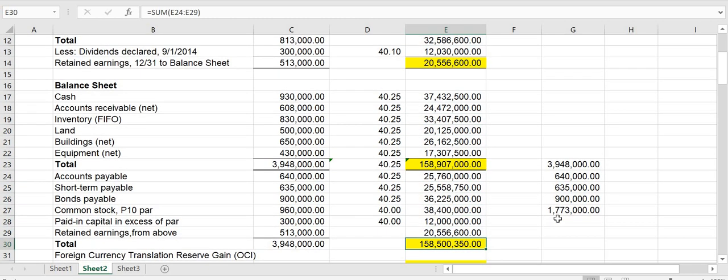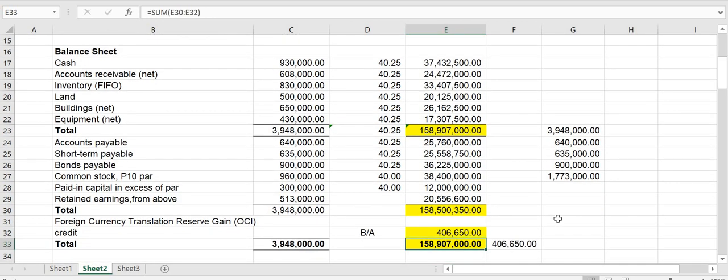Okay, so our total liabilities and shareholders' equity translated before the cumulative translation adjustment is 158,500,350. And since our total assets is actually 158,907,000, dapat ang sum din ng translated liabilities and total equity is 158,907,000.